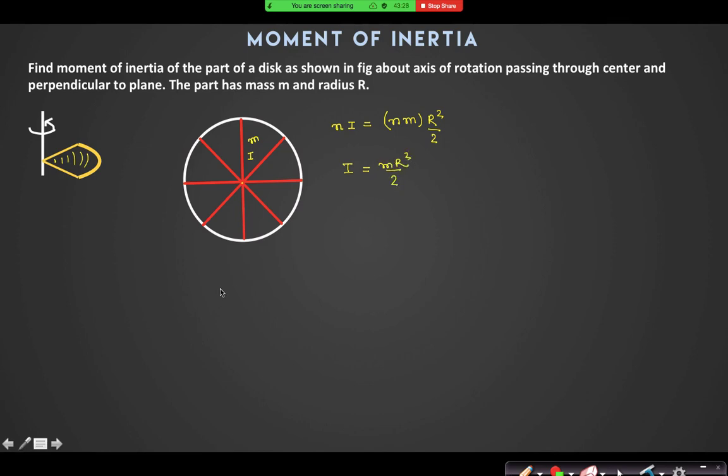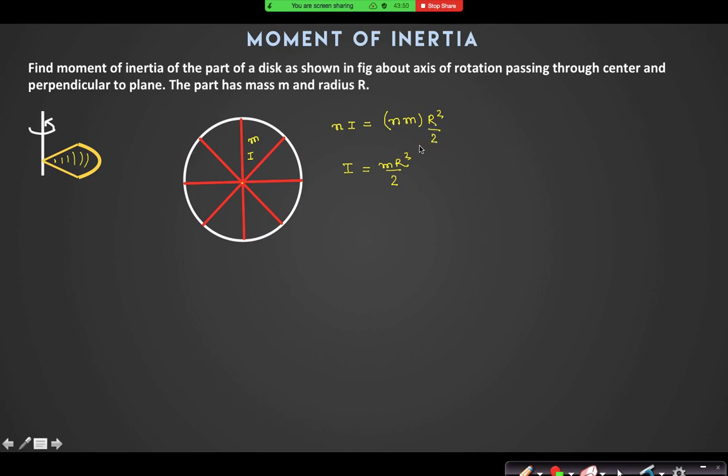Sir, mr square by 2. So there is no integration. Why would I do integration? Do I know the moment of inertia of the disk? Should I again do integration, or can I use the formula mr square by 2?